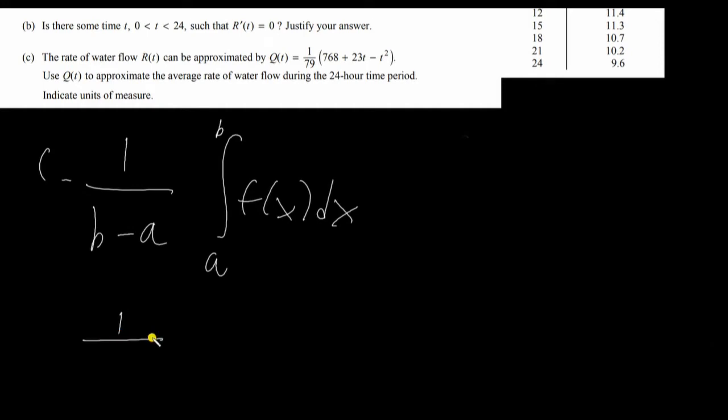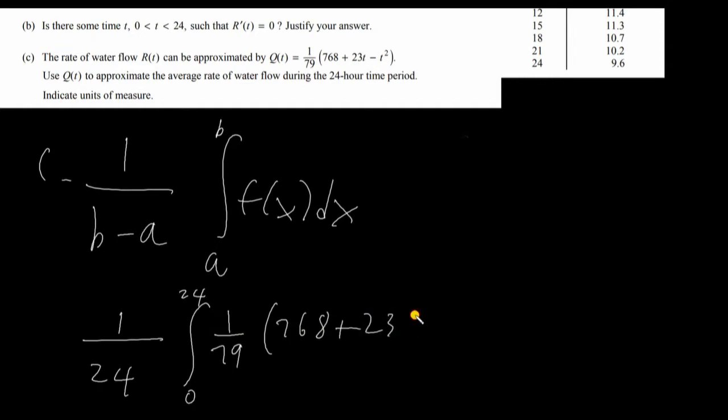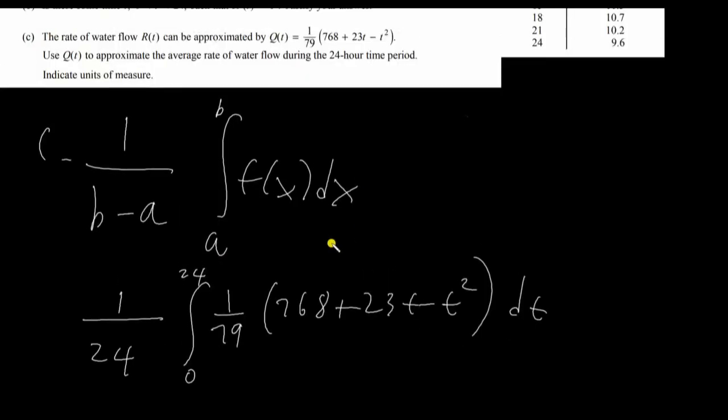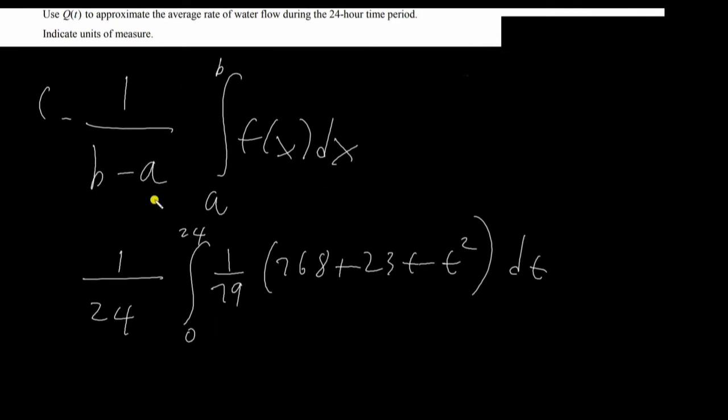So it's 1 over 24 minus 0, which is 24, times the integral from 0 to 24 of q of t, so 179,768 plus 23t minus t squared, dt. And then this is the average rate of water flow.